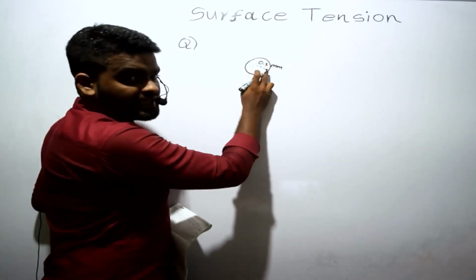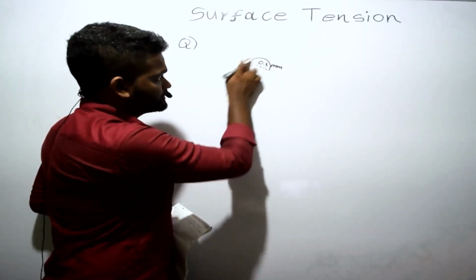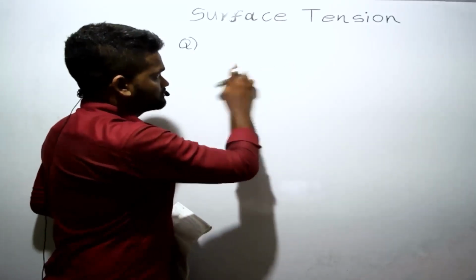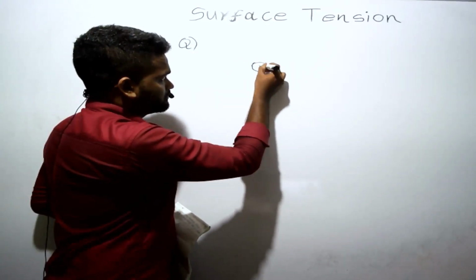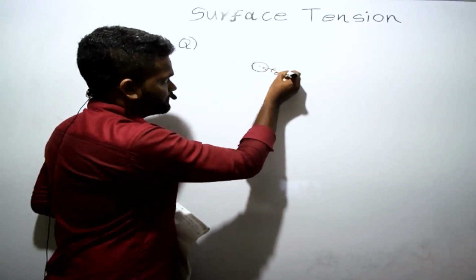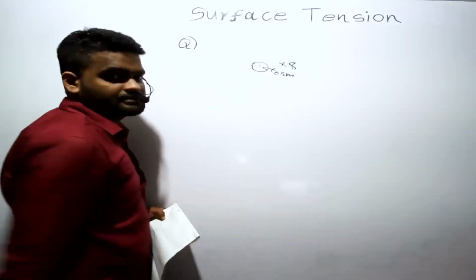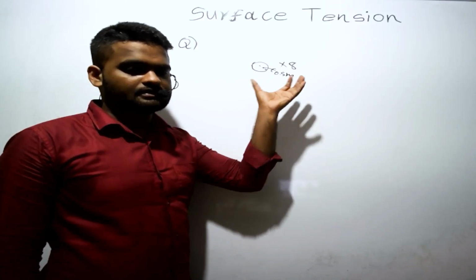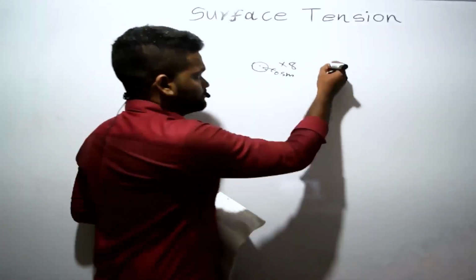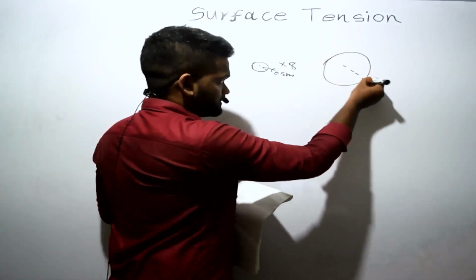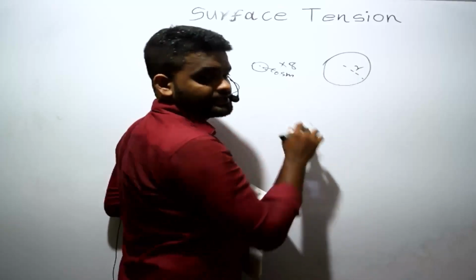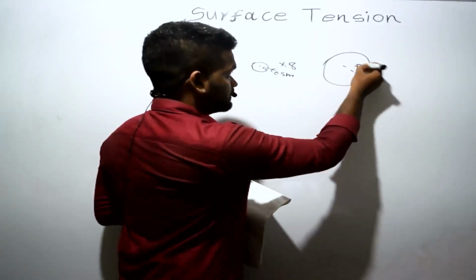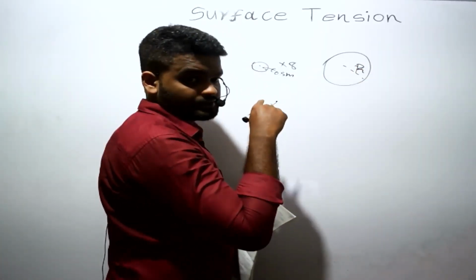So you have 8 small drops of 0.5 millimeters. Here how many is given, 8. Then you make a large one. Here what you have to find is the radius, similar to the previous one.